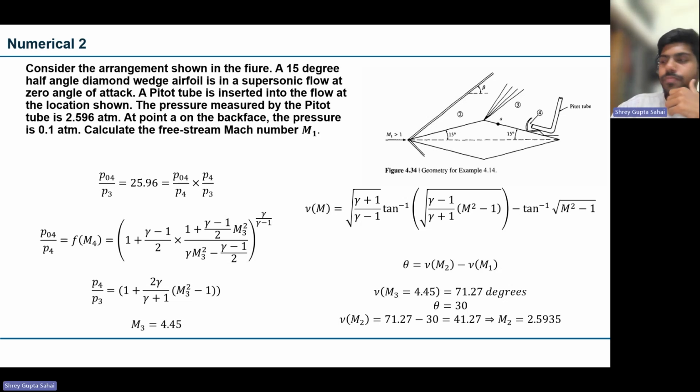Okay. Now this becomes a simple problem. We know M2, but we don't know beta. Beta we need to calculate. Theta is something that we know. We know M2, but we don't know beta. So this one requires trial and error now.